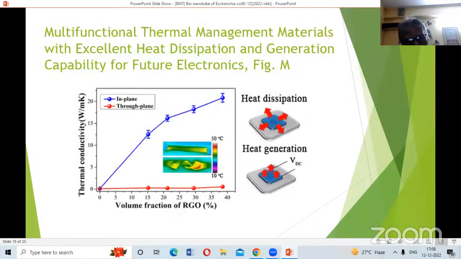The same functional thermal management materials, heat dissipation and generation capability in future electronics, they are all waiting from that type of microbial development grown in the metal, water, copper, silver, gold system, and can be utilized in the electronics process to generate heat and to design membrane type of activity in the process.